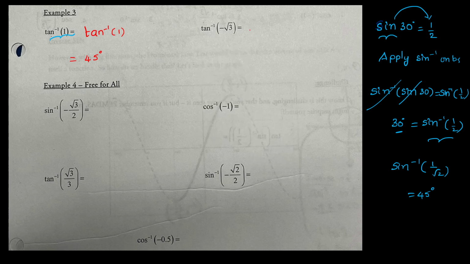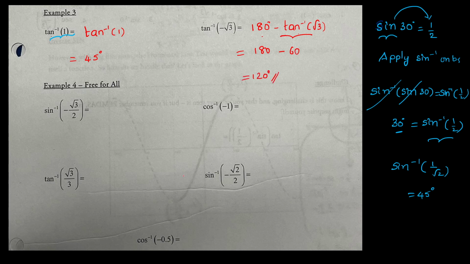So I can write this tan inverse of minus root 3 as 180 degrees minus tan inverse of root 3, because 180 minus theta is in which quadrant? Second quadrant. In the second quadrant, is tan positive or negative? Negative. So that will make sense. So the answer is 180 minus tan inverse of root 3, which is 60. So the answer is 120.